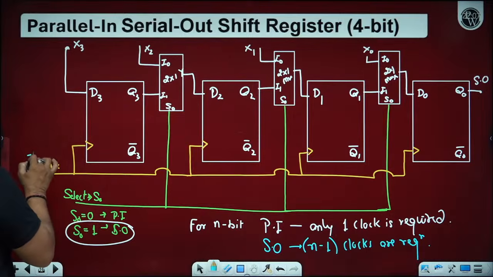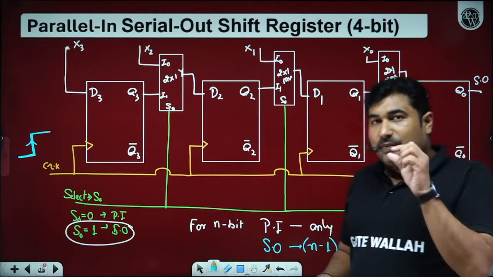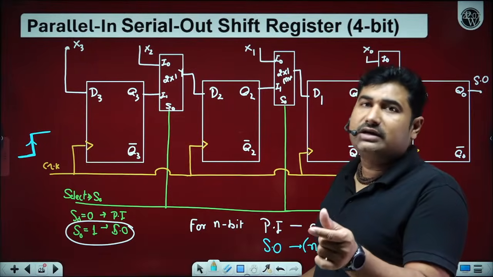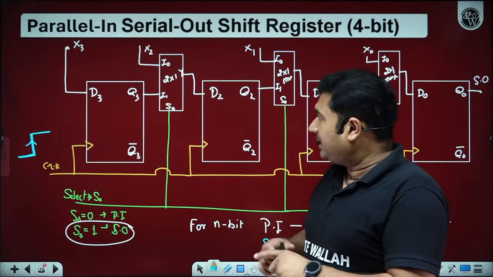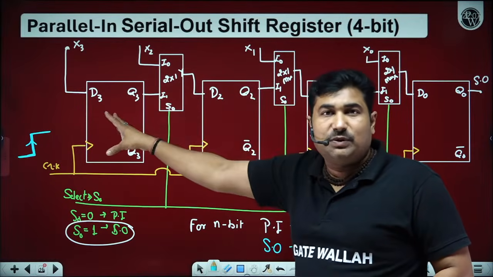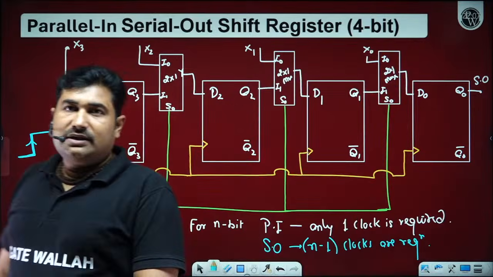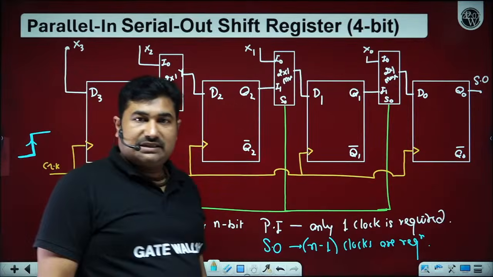The clock symbol represents that it is edge-triggered. An edge-triggered circuit will operate only during the transition of the clock. The period of transition of the clock is the only period where your flip-flop gets activated, and depending upon the input, the output will be available as per the truth table. Is it okay, Betaji?